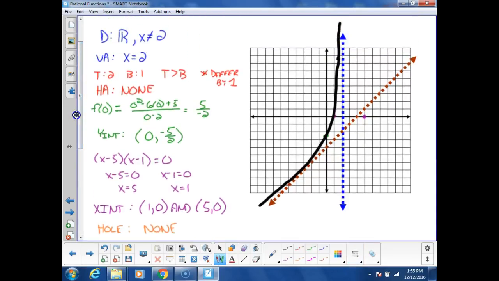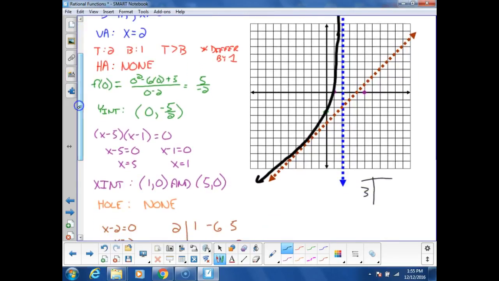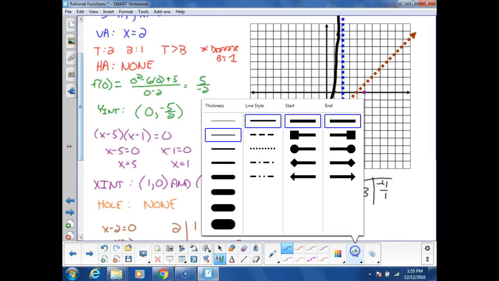Let's throw in an extra one just so we get a second point. Let's go with 3. 3 squared is 9 minus 18 is negative 9 plus 5 is negative 4 over 1. 1, 2, 3, and 4. Now I've got enough.